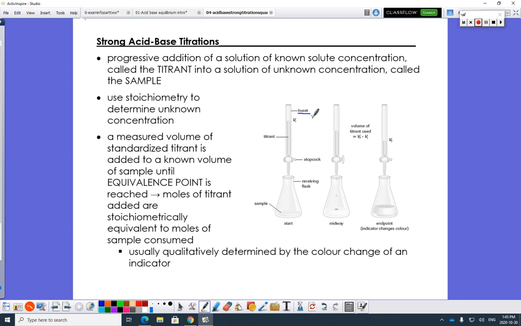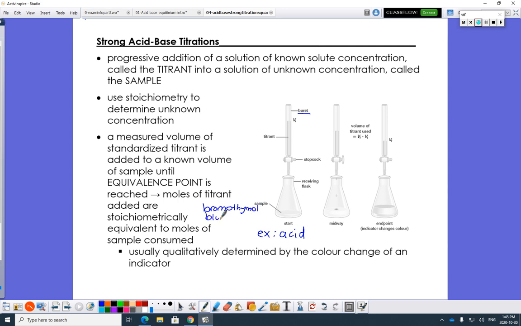And one of them you would know the concentration and one of them you wouldn't, and then you would add the other one until you saw a color change. So let's pretend like we had an acid in here. The most common indicator we use at St. John's is bromothymol blue.